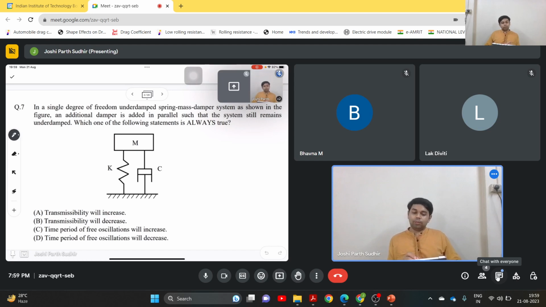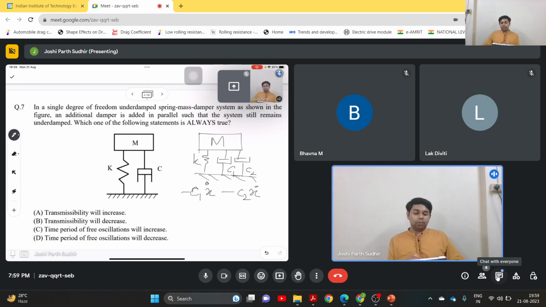So when we add another damper in parallel, let us say we have this damper C1, and we add another damper, C2. Then there will be two damping forces acting on the system, which will be C1 x dot and C2 x dot.